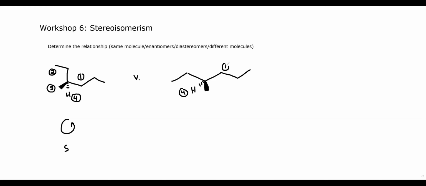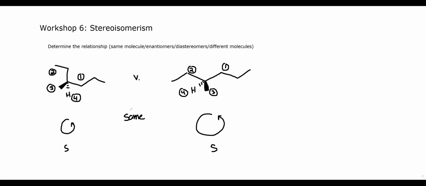Our longest carbon chain is 1, and then 2, and then 3 for the methyl group. These are going in a counterclockwise fashion, S stereocenter. So both of these are S stereocenters, 6 carbon chains, methyl group on the third carbon. These are the same molecules.